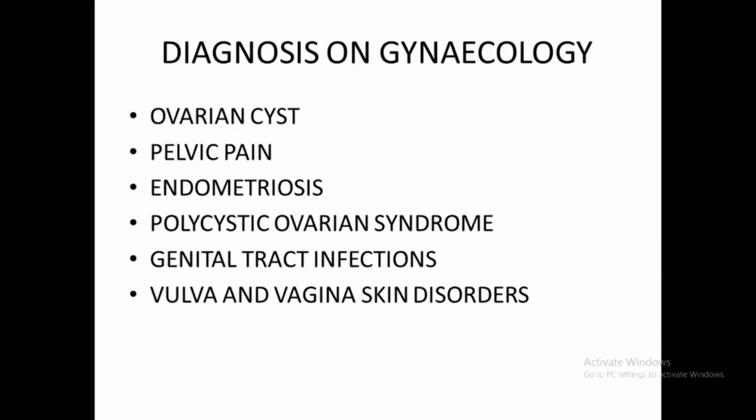These are a few of the things that get affected in genital tract infections. A doctor does an analysis and can view that. Then vulva and vagina skin disorders. Because of improper sex activities and genital tract infections, the vulva and vagina develop skin disorders. So these are the basic diagnoses that are seen in gynecology.